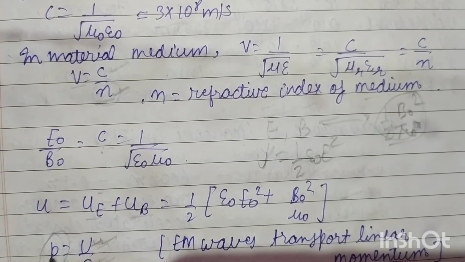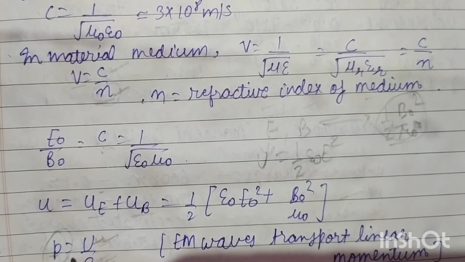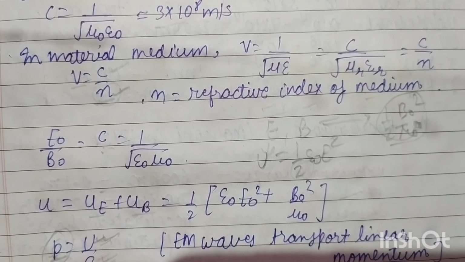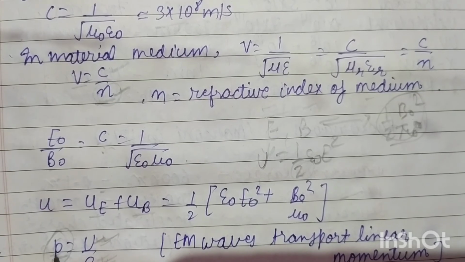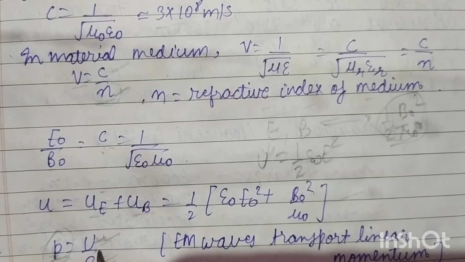We can say that these EM waves transport linear momentum, and the value of that linear momentum is the energy of the EM waves divided by C.